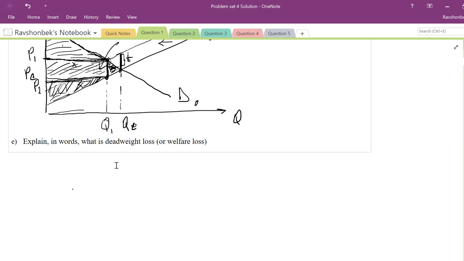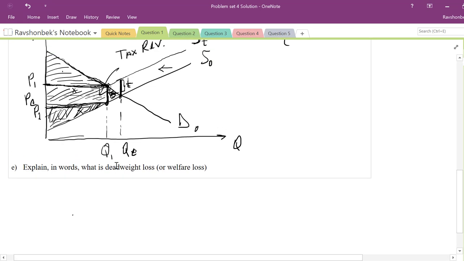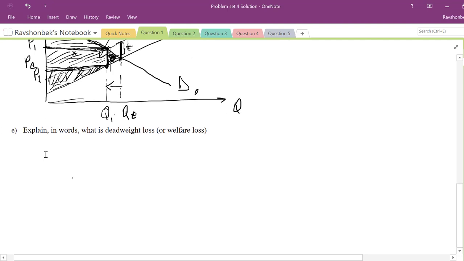In the absence of taxation or any intervention, this area would have been split into two halves, and one half would go to producers and the other half would have been enjoyed by the consumers. Now that the quantity demanded or supplied decreased, that led to the loss of this efficiency here. So when the equilibrium is distorted, that's what happens. We lose some of the surplus, so total surplus declines. That's the answer here.